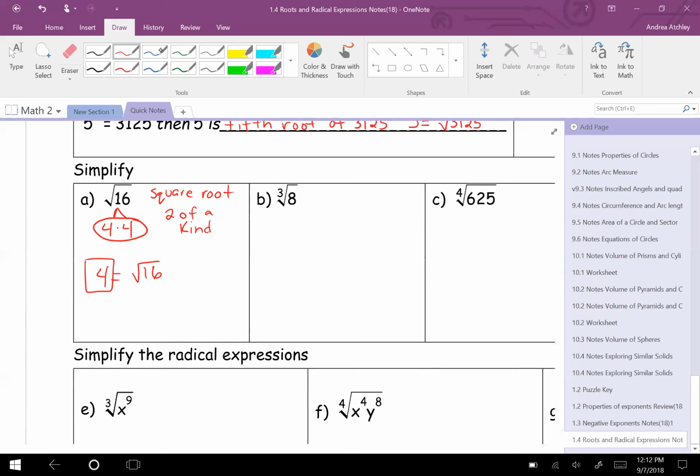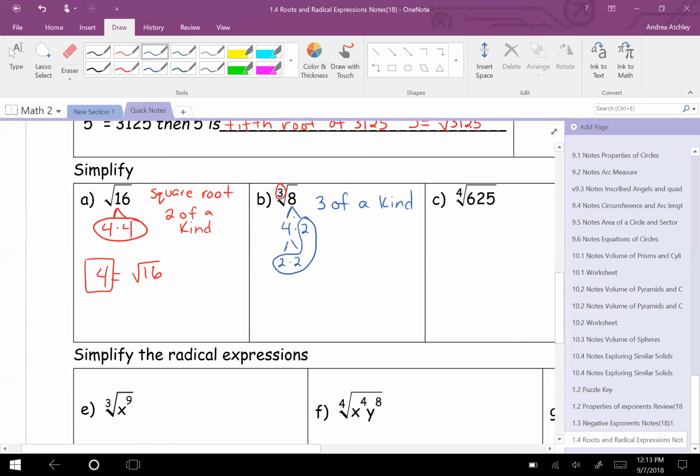Okay, on the next one, we have the cubed root. Since it's the cubed root, we need 3 of a kind. So again, we're going to factor it. 4 times 2, and then 2 times 2.